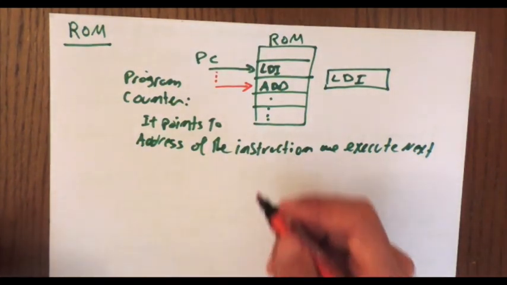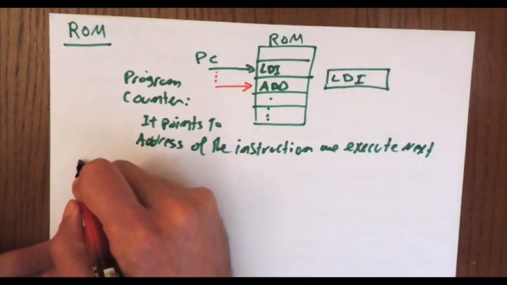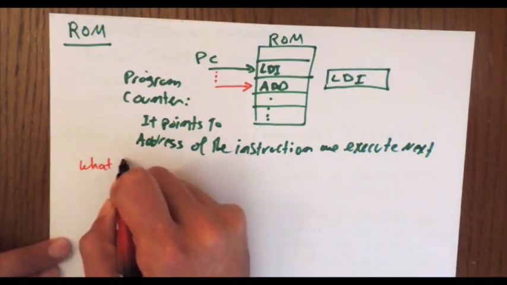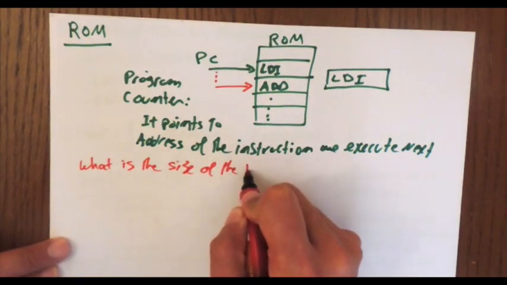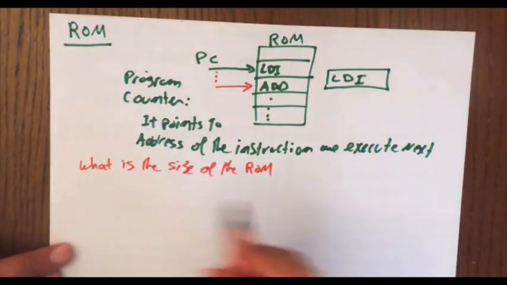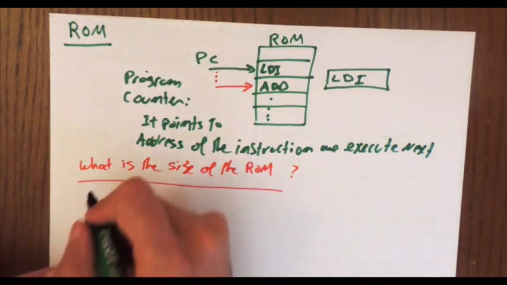So if I want to know the size of the ROM, what is the size of the ROM? What do I need? So first, I know for a fact that the instructions are 2 bytes.